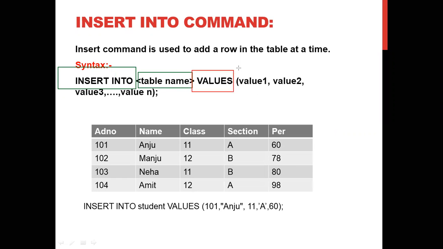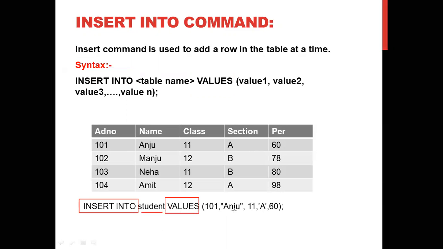Then we have to give the values of all attributes. For example, INSERT INTO student, the table name, then the keyword VALUES. Then enter the values; this is one-to-one mapping. The first is admission number 101, then name, class, section, and percentage.